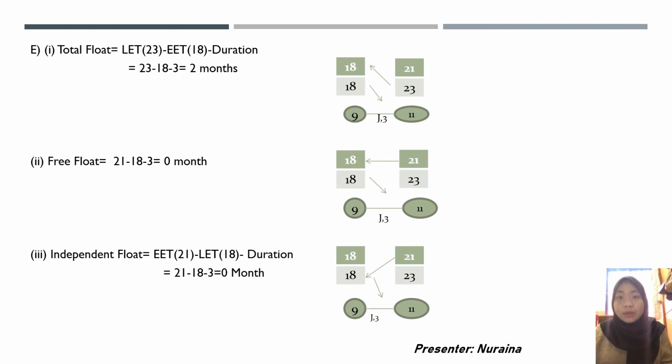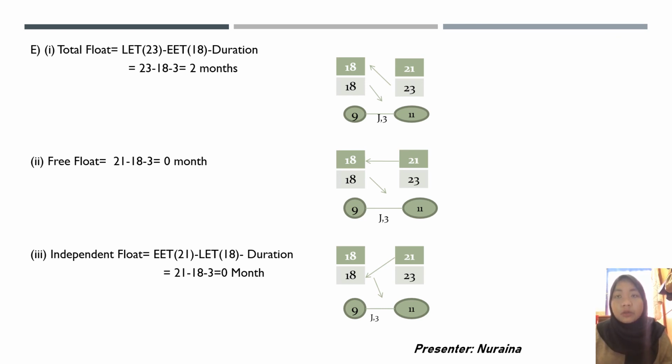Next we're going to move to the last question, which is to find the total float, free float, and independent float. The total float means time that can be delayed without affecting the project completion time. The formula for total float is LET minus EET minus duration.